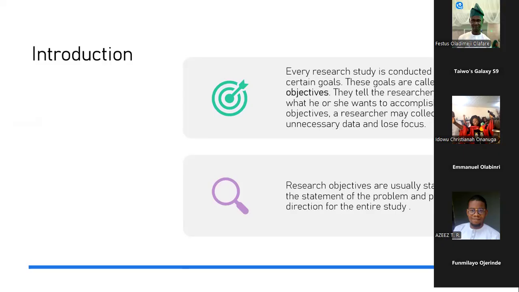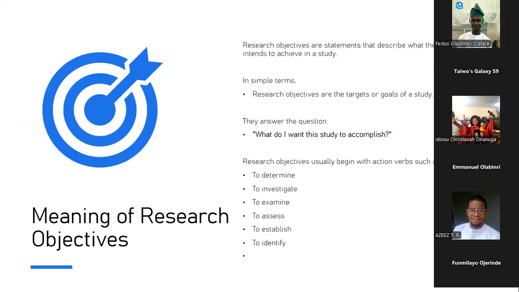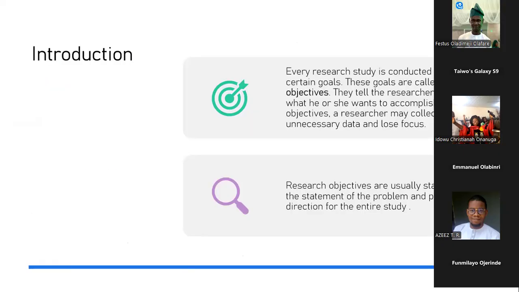If you don't have anything in mind that you want to achieve, then there is no study for you at all. Then you are not conducting any research. There has to be something that you want to see, or a new knowledge that you want to gain, or anything at all. In as much as you have something you want to accomplish at the end of your research journey, that is called research objectives. So you will know that there is no research without research objectives.